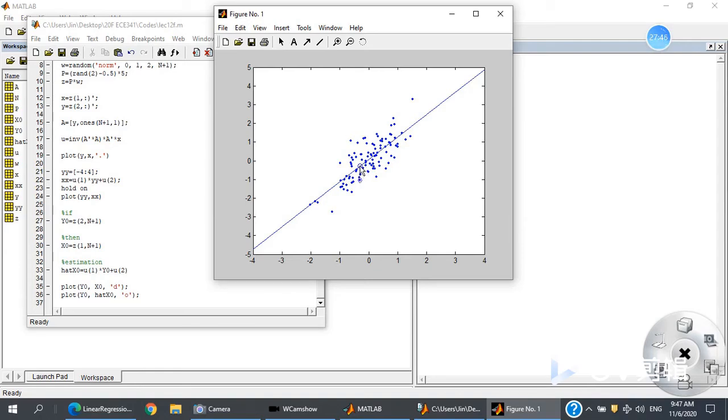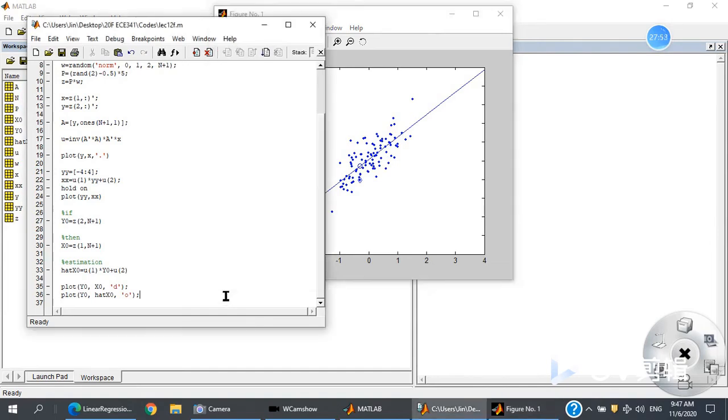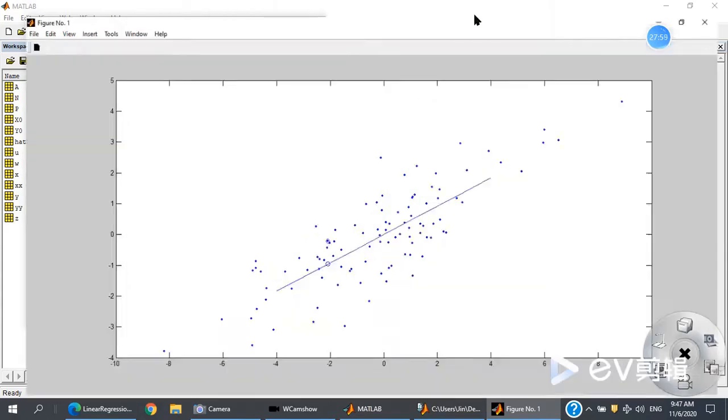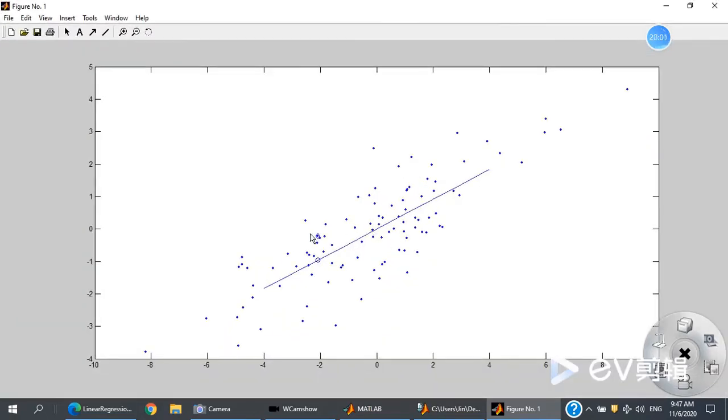Our estimation is always on this straight line. If we change to a different one, let me run it again. You see, the diamond is here. Make it large. Yeah, the diamond is here. This is according to y0 and x0, but our estimation is on this line.